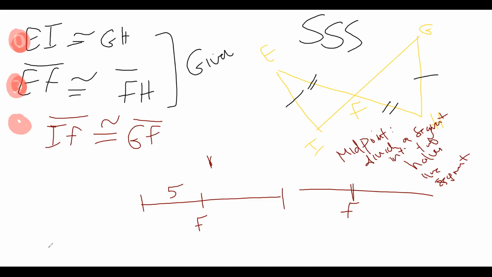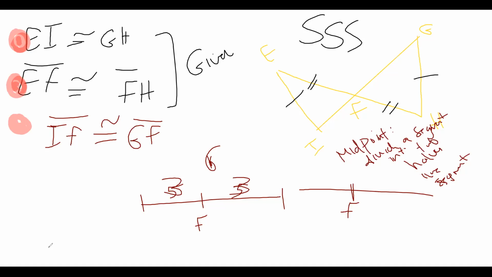So here we'll have 5 and here we'll have 5. Is it clear? If we have 6 as an example, here we will have 3 and here we will have 3.